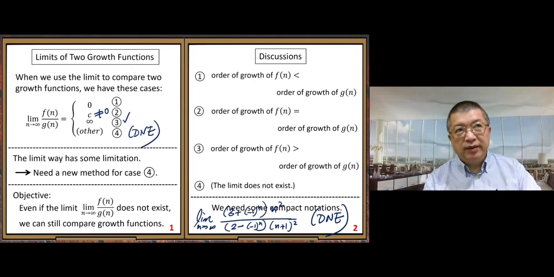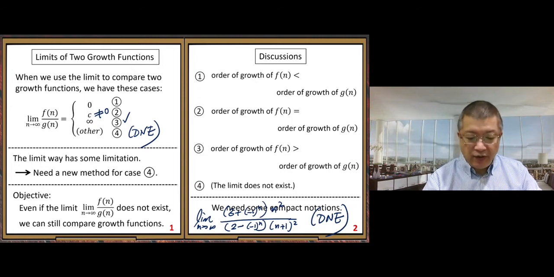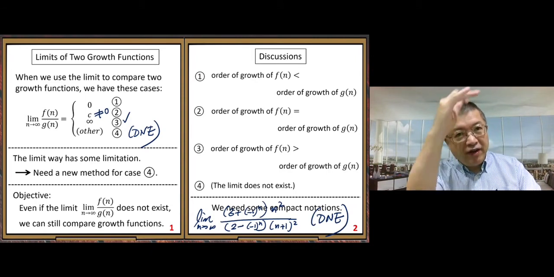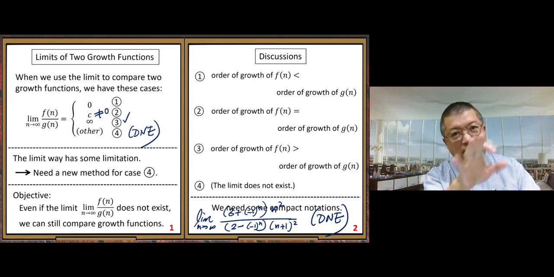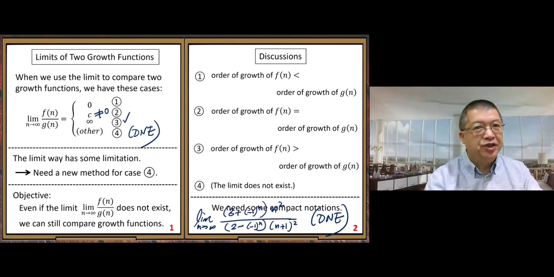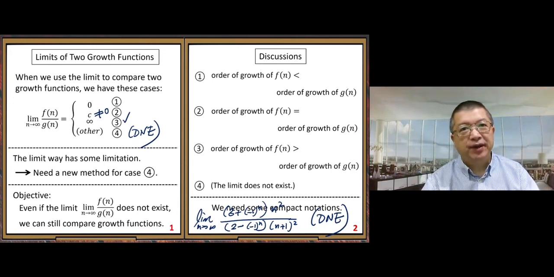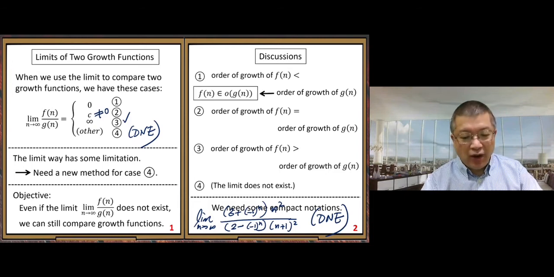Before we go there, let's look at the first three cases. We can use some very compact notations to describe the first three cases. The first one, little o notation.